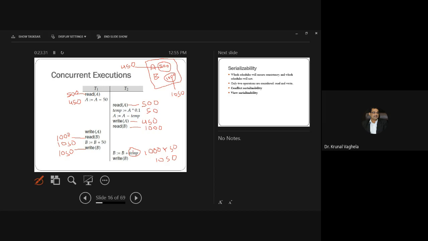You see the transaction again. Temp value is A multiplied by 0.1. So temp value is 50 here. Then we are not changing the value of temp anywhere. Where are we changing the value of temp? Tell me.